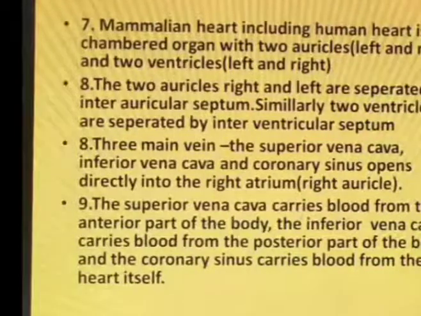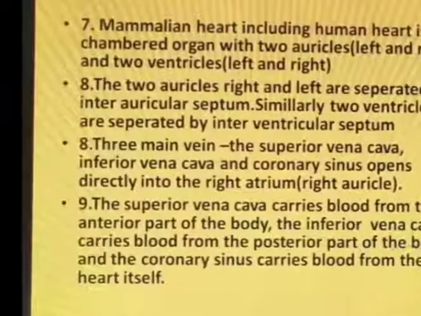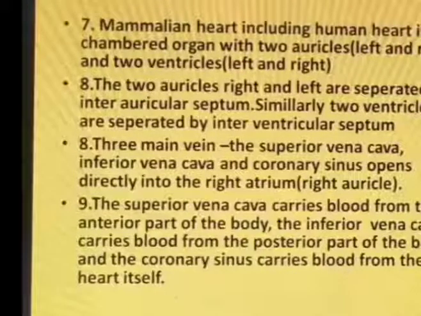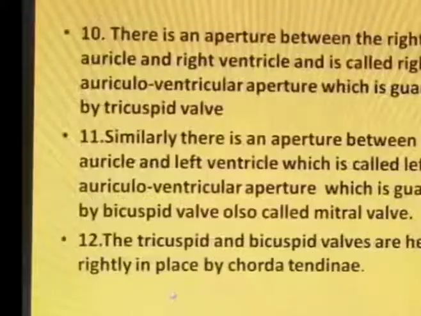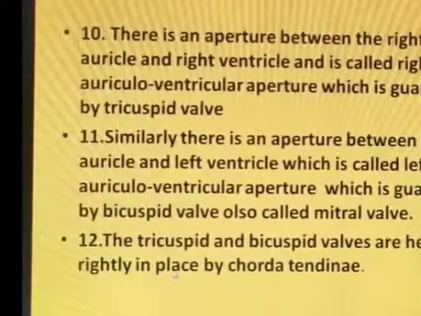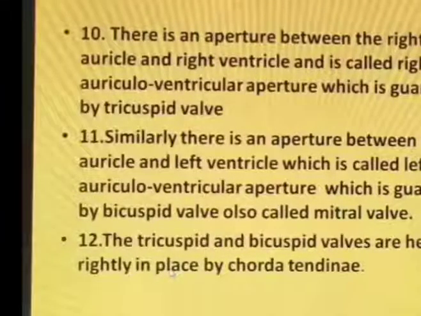The superior vena cava carries blood from the anterior part of the body. The inferior vena cava carries blood from the posterior part of the body, and the coronary sinus carries blood from the heart muscle itself. All these three main veins open into the right auricle.